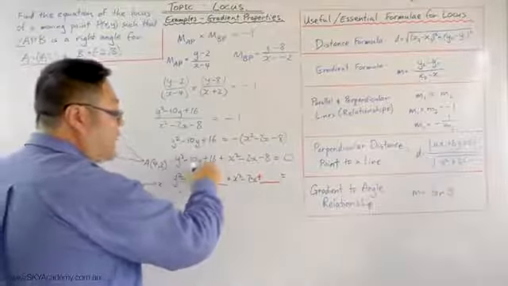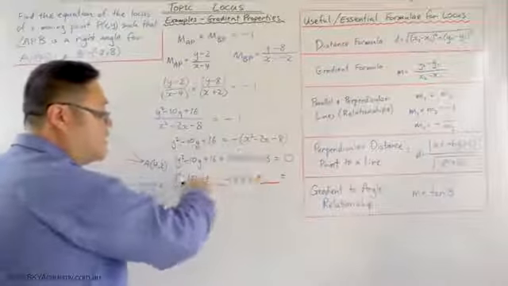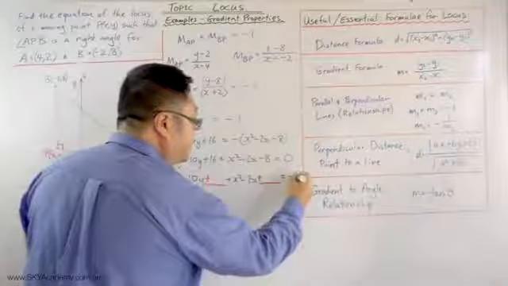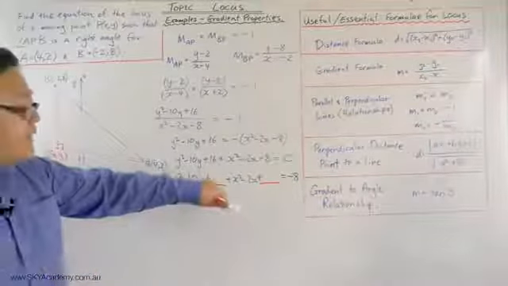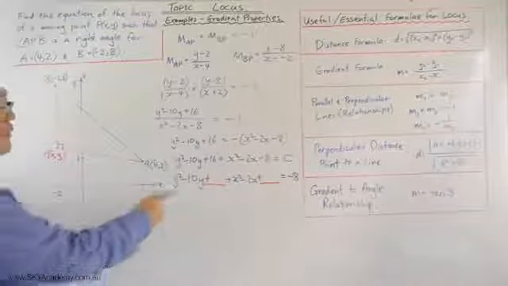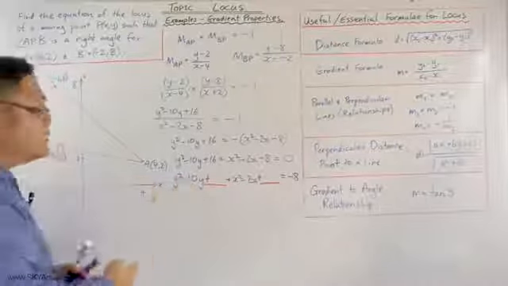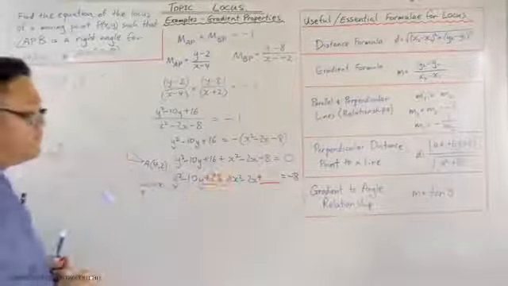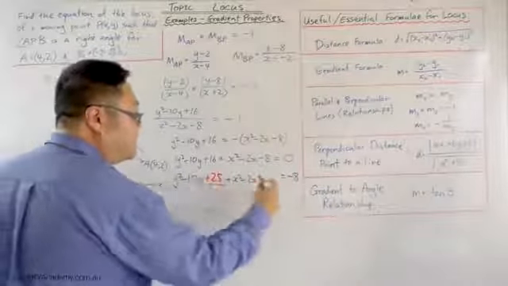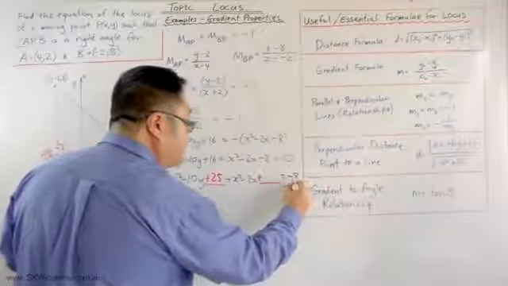What do we say? 16 minus 8 is positive 8. When we bring it over to the other side, it's going to be negative 8. Does that make sense? Good. So what do we have to add here to complete the square? Well, we've got to halve the 10, or the minus 10, which is minus 5, and square it. We add 25. So if we add 25 to the left, we've got to add 25 to the right.